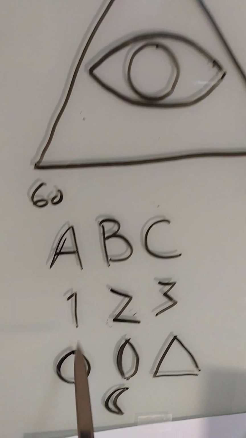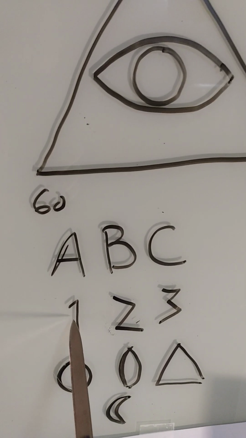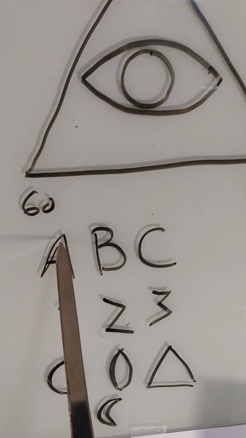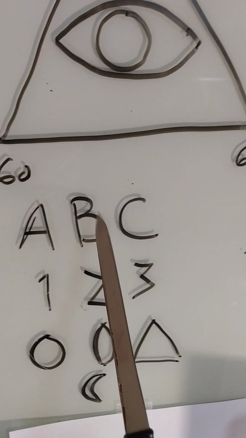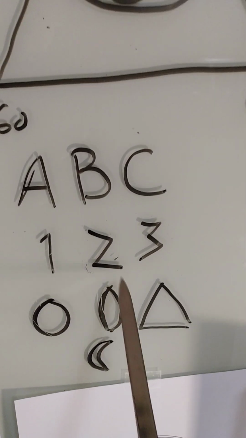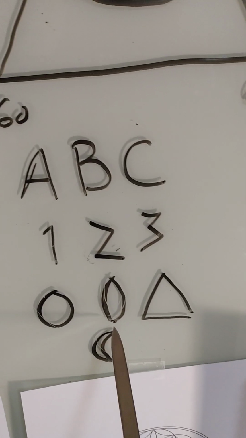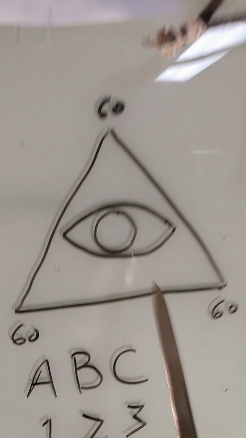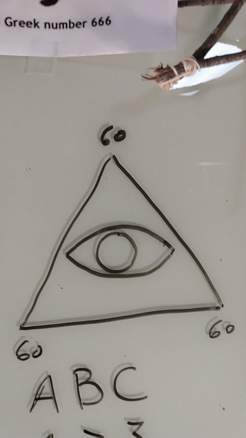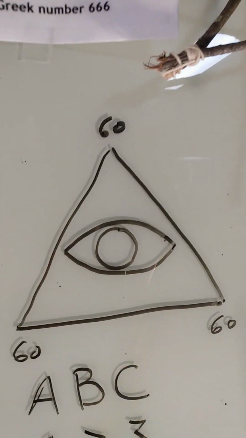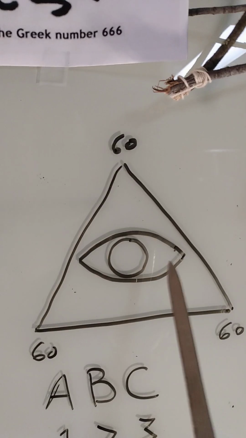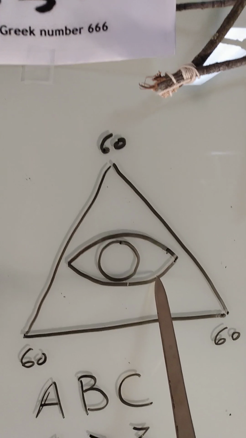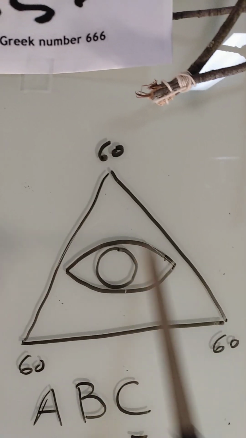So your circle would be the 1 and associated to A, and your B would be associated to 2, the Vesica Pisces or a moon, and the 3 would be the triangle, and it would give you this little symbol right here. Inside the symbol that everybody knows, you'll find a circle, a Vesica Pisces, and a triangle.